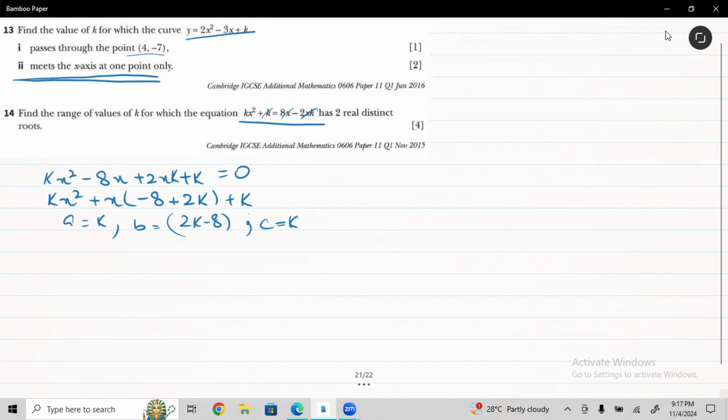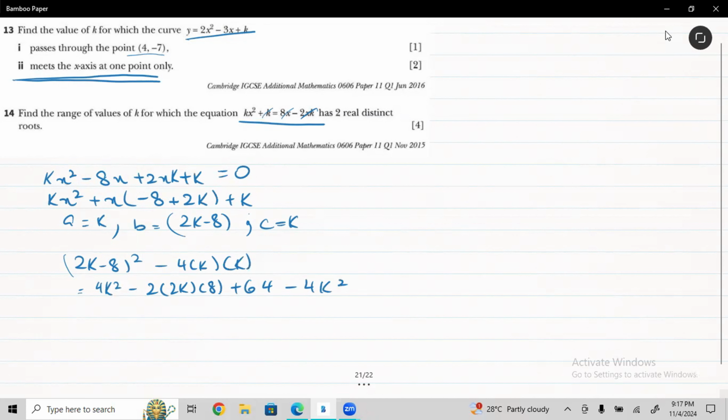So b squared, which is going to be 2k minus 8 whole squared, minus 4 multiplied by k multiplied by k. So we are going to get a squared, which is 4k squared, minus 2 multiplied by 2k multiplied by 8, which is 32k, plus 64, minus 4k squared.